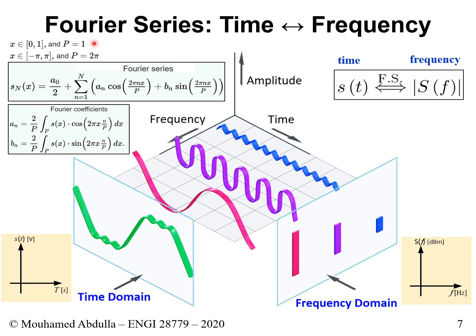For instance, you might have a period of 1, just a unit value, because everything is normalized, so you look at it in a window of 0 to 1. If the period is 2 pi, you look at it from a window of minus pi to pi. It depends. That's why in the equations, you don't see a 1 or 2 pi. You see the letter P. So P is the period, the length over which the pattern is repeated.